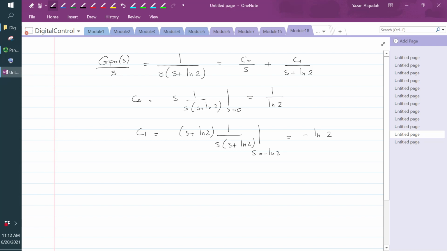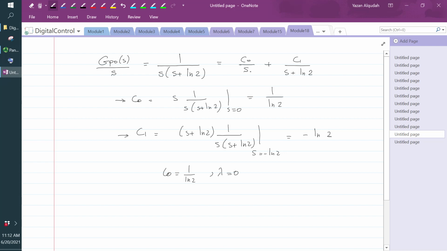So therefore, I have two residues. This is the first residue, this is the second residue. So let me put them here in a table. I have C0 equal to 1 over natural log of 2 associated with lambda equal to 0.